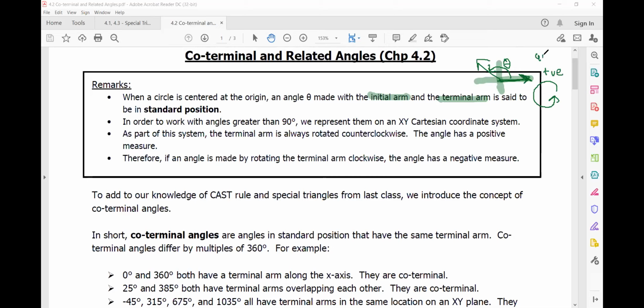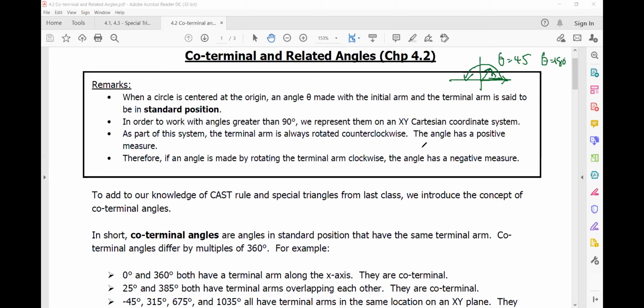If I have 90 degrees, I'm moving this way 90 degrees. Once again, if I say theta is 45 degrees, from the initial arm, I'm moving this way 45 degrees. If I say theta is 180 degrees, I'm moving this way 180 degrees.